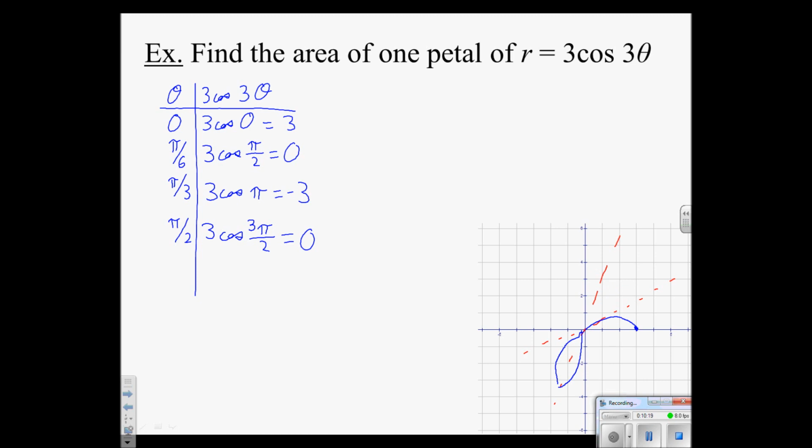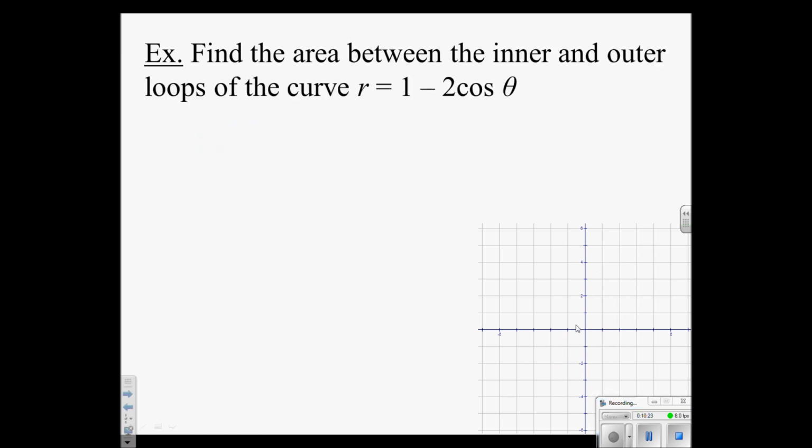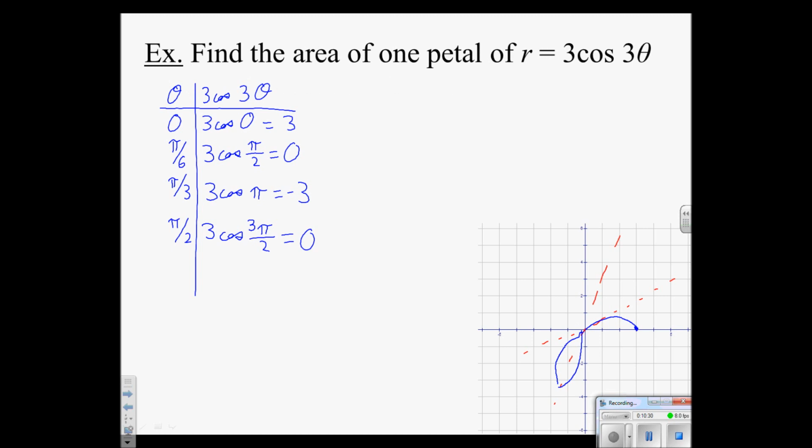Now, I could fill in the rest of this, and I believe it would look something like this. But to realize that, I would have to fill in the rest of this t-chart. And I want to point out that we don't really need to do that.